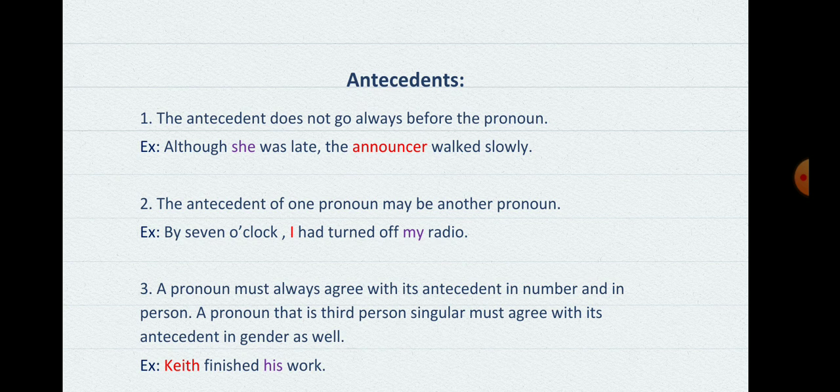The third one. A pronoun must always agree with its antecedent in number and in person. A pronoun that is third person singular must agree with its antecedent in gender as well. Remember when we saw personal pronouns? There is a couple of pronouns that have gender.